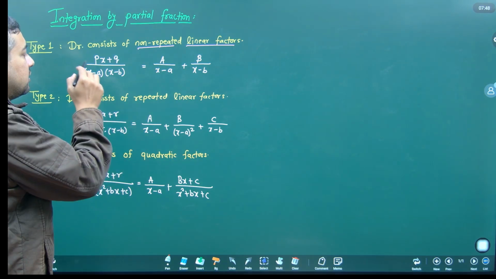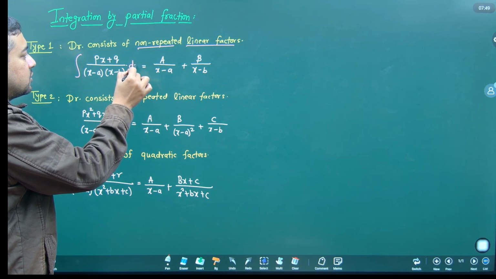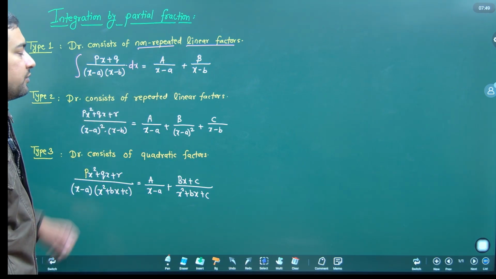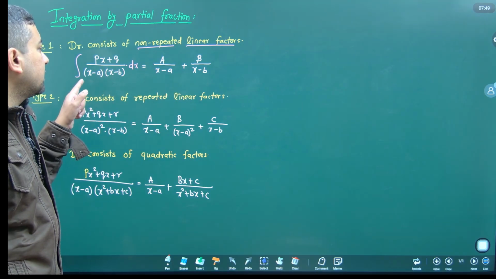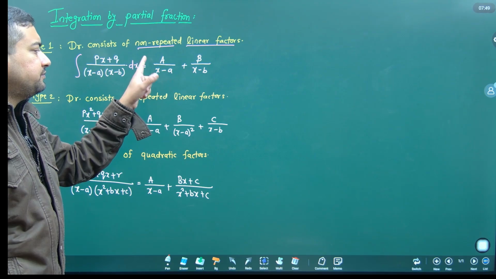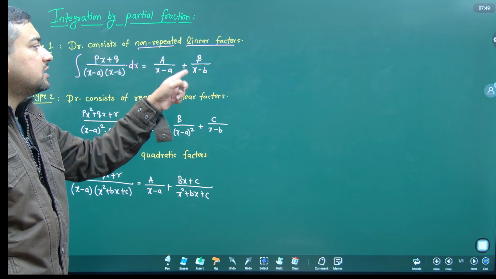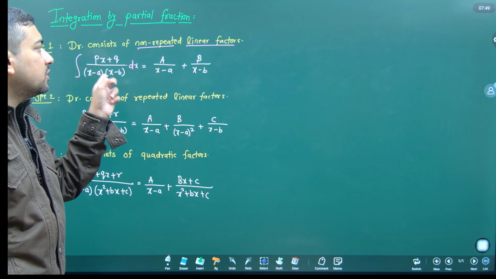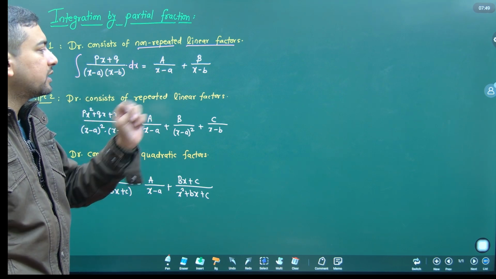So whenever you get such type of example and you are supposed to do the integral of this, first you need to convert this fraction into what? Partial fraction. How will you convert? You have to allot a constant to each individual non-repeated linear factor. So x minus a, x minus b, these are the two factors.